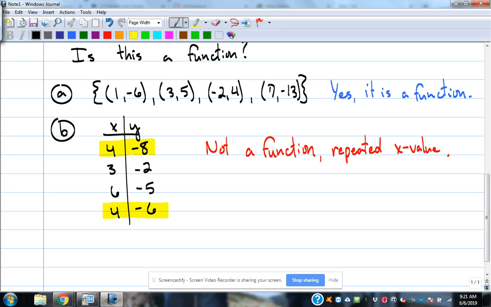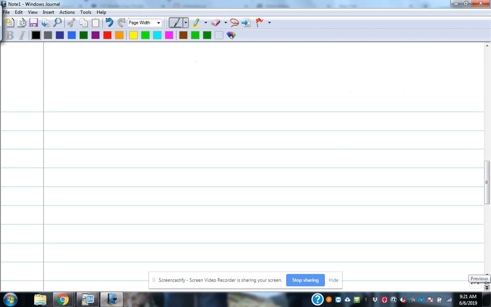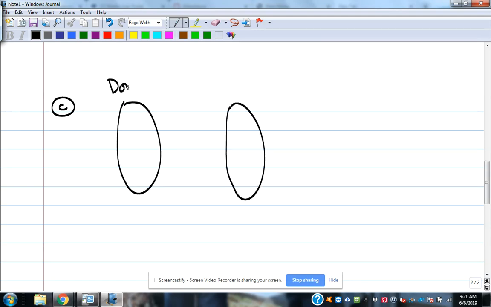All right. Next one. Sometimes they will show you a relation in a different format. I'll call them bubble maps. In a lot of books, you'll hear it called a mapping. I call it bubble maps because it's just two bubbles here. One bubble is the domain bubble, and one is the range bubble.